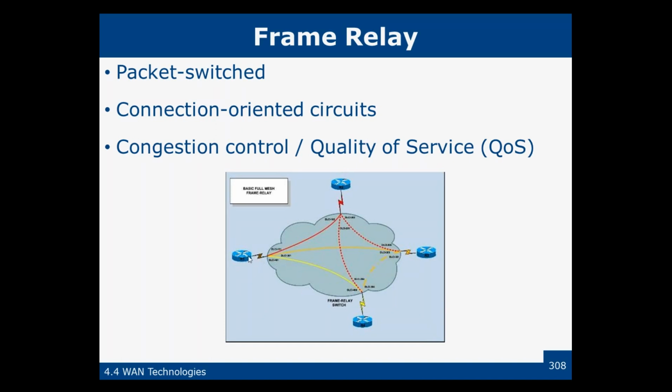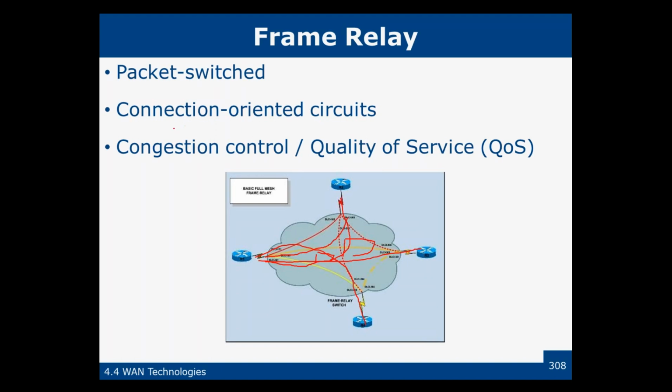What you create in the cloud, this is going to have frame switches in it, and this just shows going from one to the other, but there may be multiple switches in here that it goes from one switch to the other to get from point A to point B, and then a different path to get from point A to someplace else.